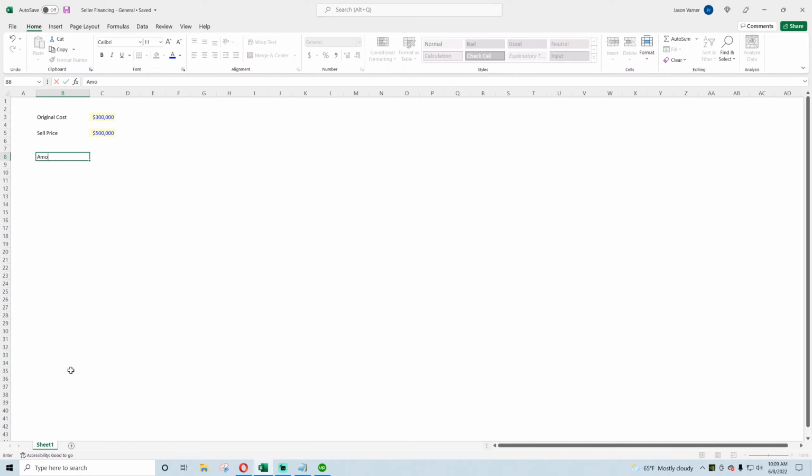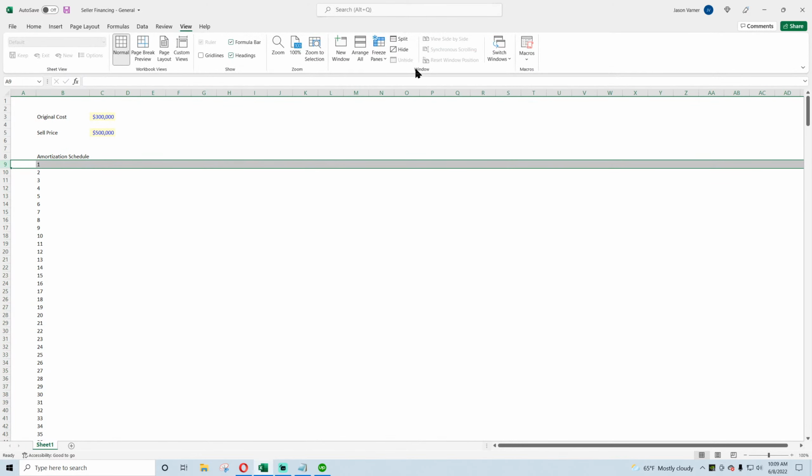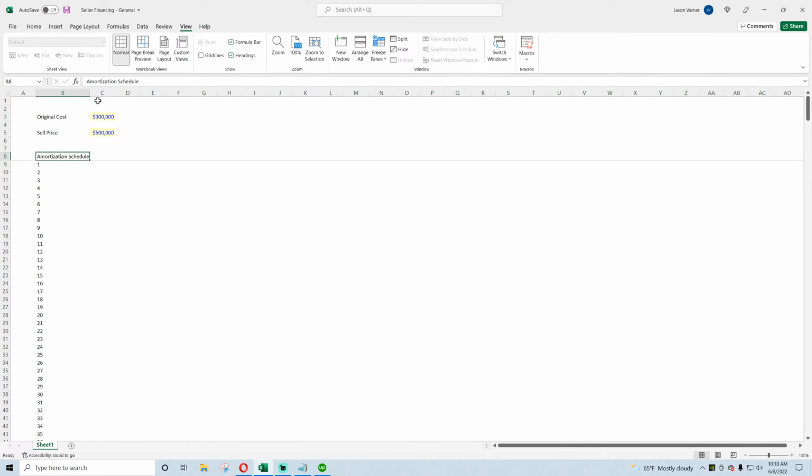So we go amortization schedule. We'll just do periods here, on down to whatever, doesn't matter. Let's freeze this as well. All right, and actually, we'll start at 0. So I am selling this for 500,000.